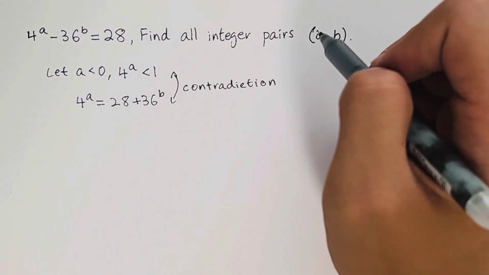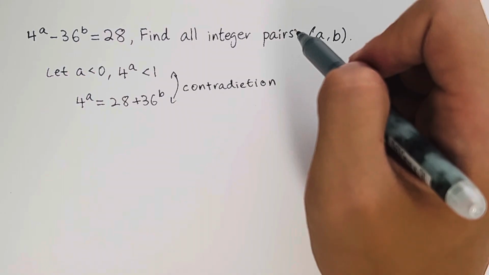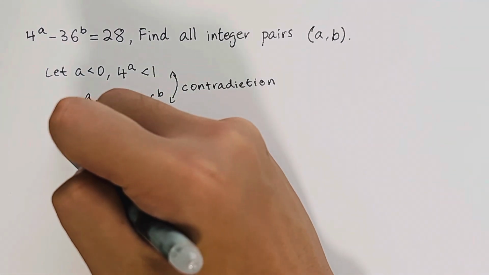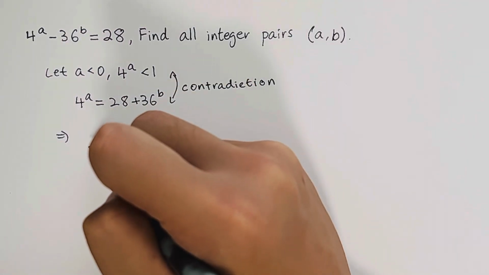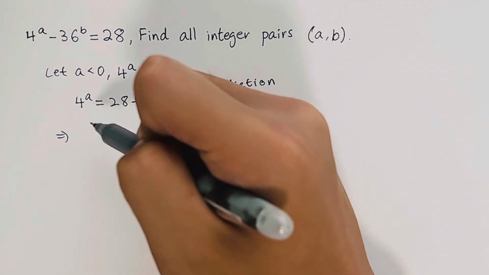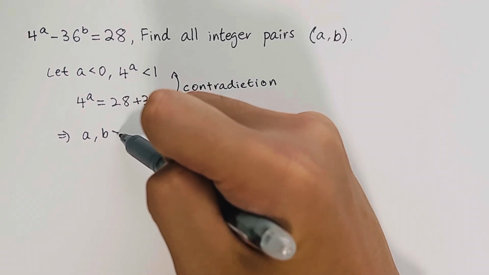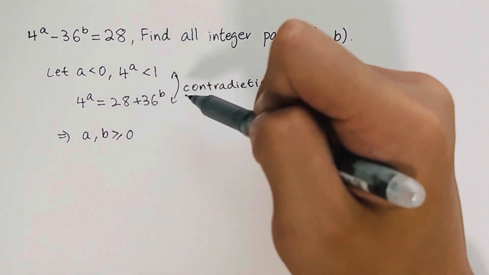This allows us to conclude that both exponents must be non-negative integers, so a and b are both greater than or equal to 0.